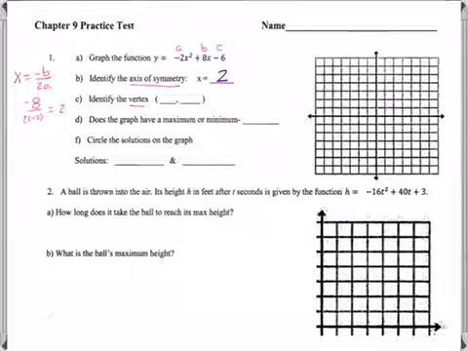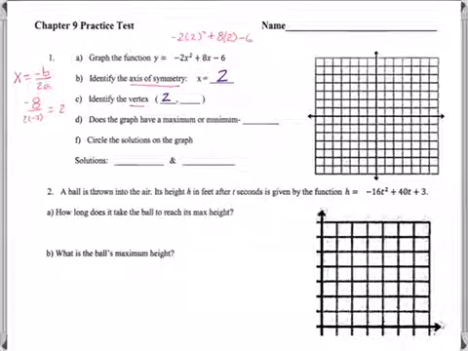Then remember that value for the axis of symmetry is also the x value of our vertex. So this is 2. To find the y value of our vertex, all we have to do is plug that value back into the original equation and solve for y. So negative 2 times 2 squared plus 8 times 2 minus 6.